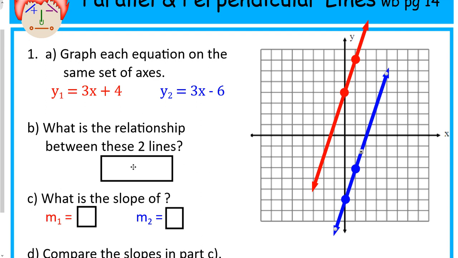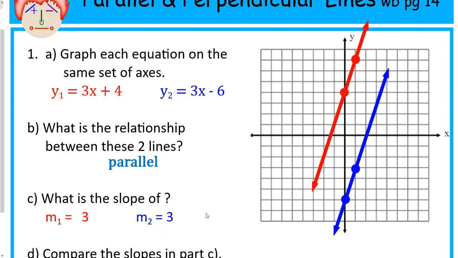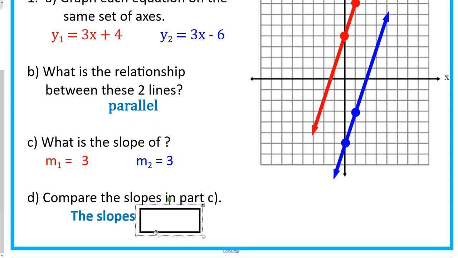What's the relationship between the two lines? They are parallel. What is the slope of the two lines? Looking at your equations, they both have a slope of 3. The slopes are equal. So they have the same slopes and the lines are parallel. That is the relationship between the two equations.